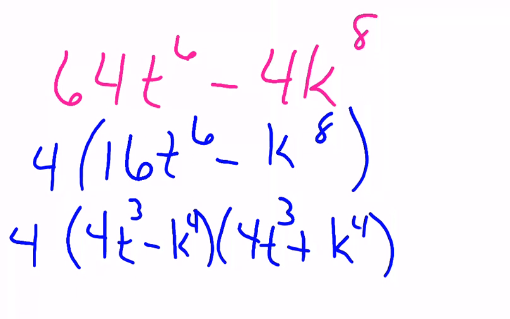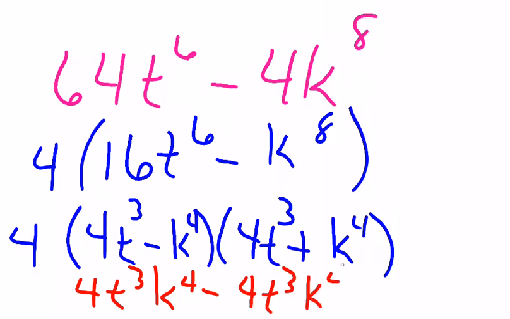So let's look at our outers and inners. What does that give us? Well, we have 4t cubed times k to the 4th, so that would be 4t cubed k to the 4th. And then negative k to the 4th times 4t cubed would be minus 4t cubed k to the 4th.